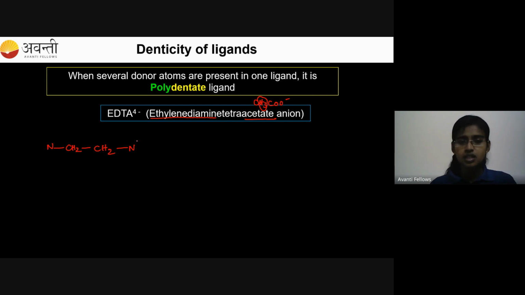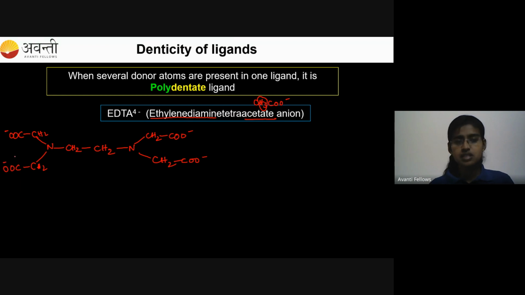So here CH2COO-. So tetraacetate, right? All 4 hydrogens are substituted by 4 acetate, CH2COO- and CH2COO-. So this is the structure.